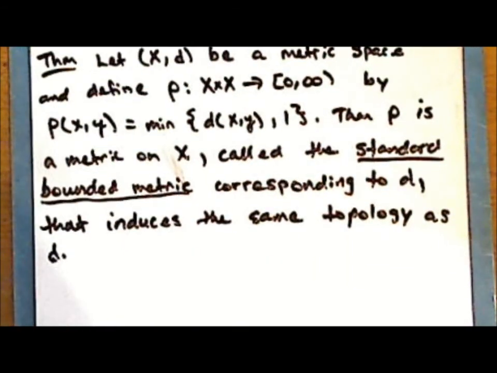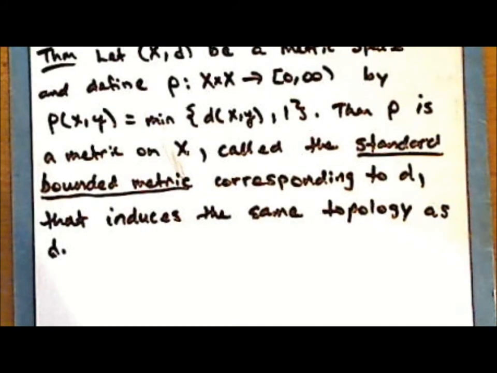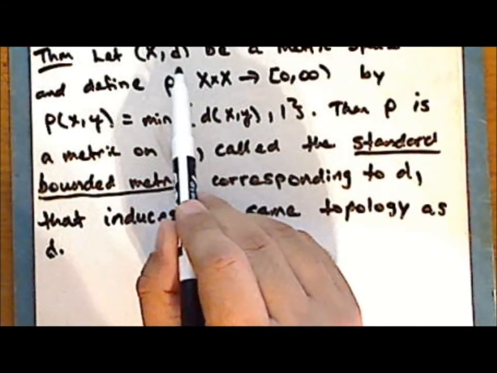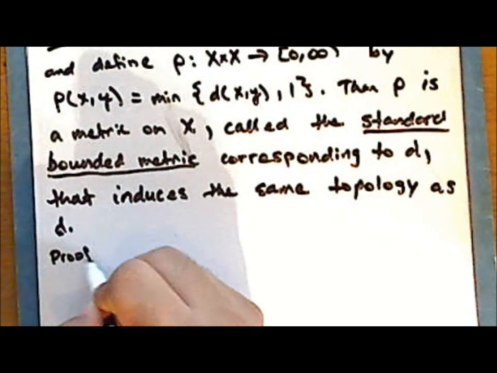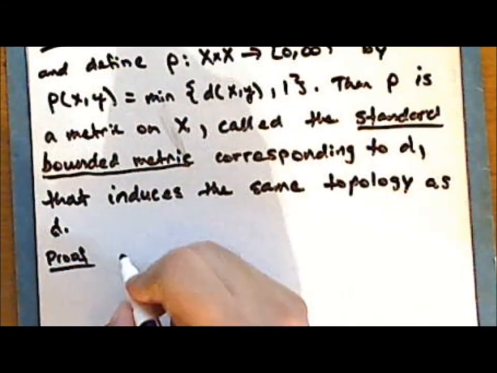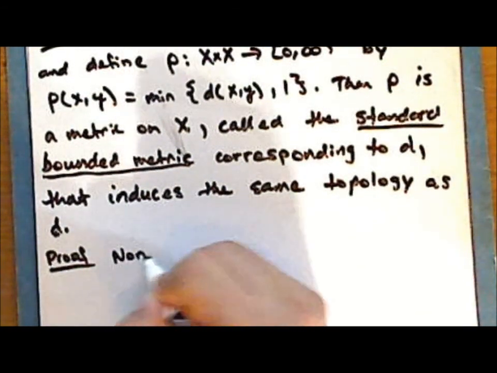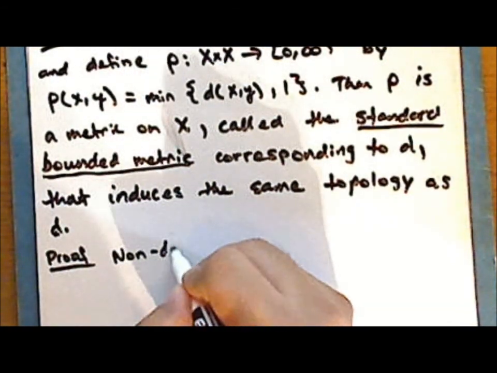All right, so this is a two-part theorem. First, we need to show that rho is a metric, and then second, that this metric induces the same topology as the original metric D in the metric space. Now, non-degeneracy and symmetry are obvious.